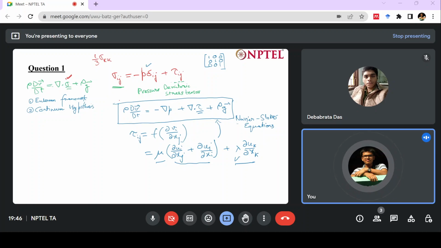What is the first term? This is the inertial term. The density rho is there, so this is basically mass into acceleration. The second one is due to my pressure. This is my pressure term. Next, this one, grad dot tau, has two components. One is my viscous stresses, and the second one is volumetric stresses.